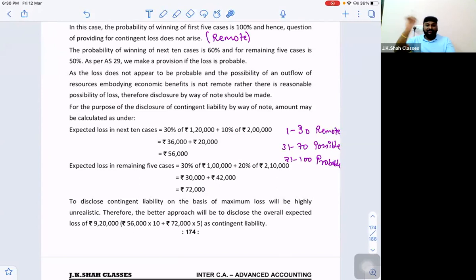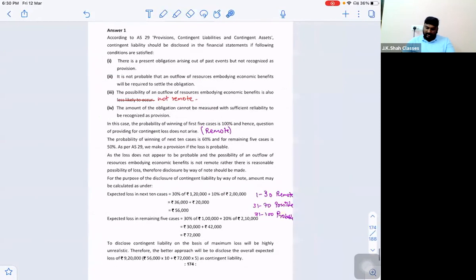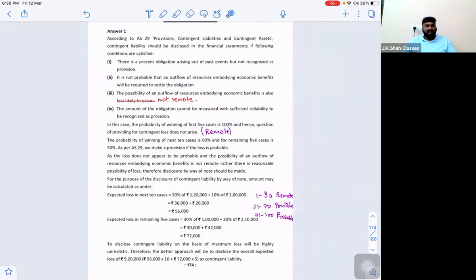That is why I'm not showing the maximum loss, 32 lakhs in the first case and in the second case. So don't show maximum loss, it will be unrealistic. Therefore, the better approach will be to disclose the overall expected loss at 9,20,000. That is 56,000 for 10 cases plus 72,000 for 5 cases as contingent liabilities. So this will be your solution for question number 1.